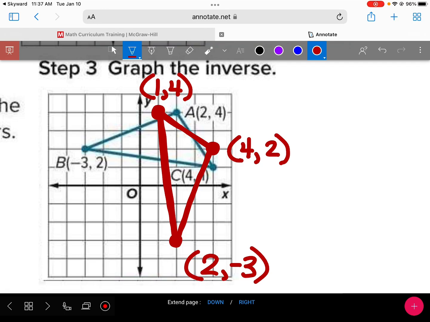What do you notice about our new triangle compared to our old triangle? It moved it. How did it move it? How would you describe the way it moved it? It flipped it. It almost looks like it rotated or reflected it, right? Because if it was a rotation, it would just be spinning like this.